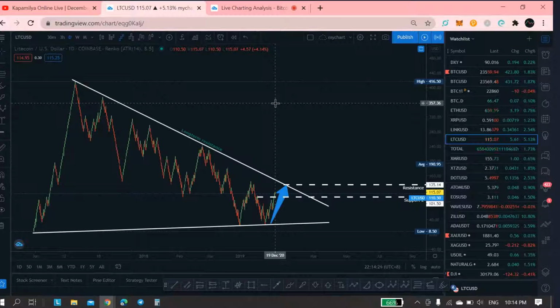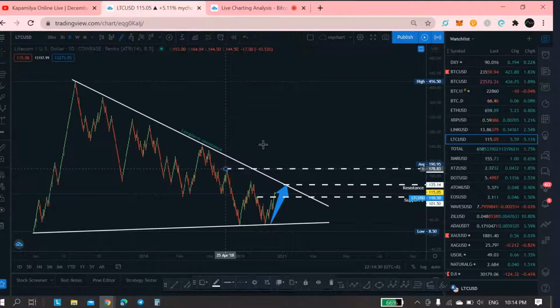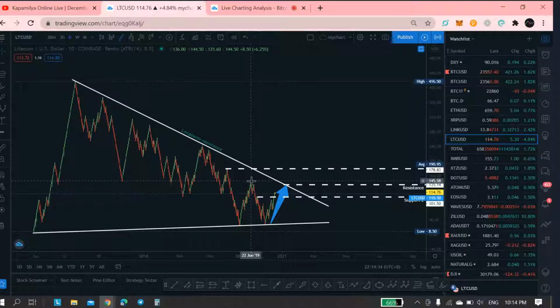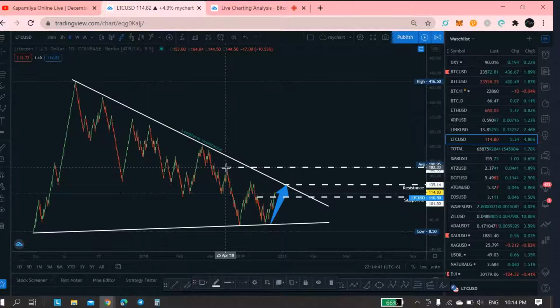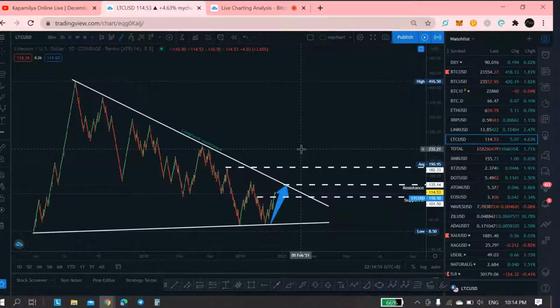So let's see how it goes for LTC. Though we also have an immediate top here around close to the 150 area, because I think once it breaks this long-term resistance, it will be a very strong bullish trend that could possibly retest close to that area.